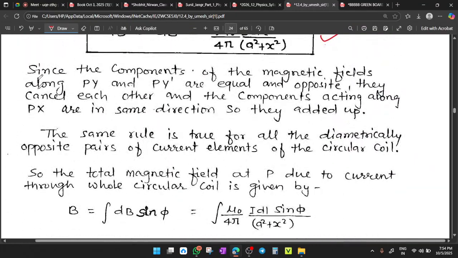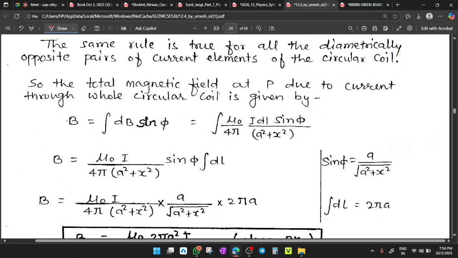Since the components of the magnetic fields along PY and PY dash are equal and opposite, I am talking about the upper component, they will cancel each other. The components acting along PX in the same direction will be added up. The same rule is true for all the diametrically opposite current elements of the circular coil.